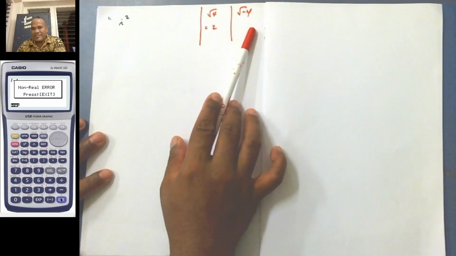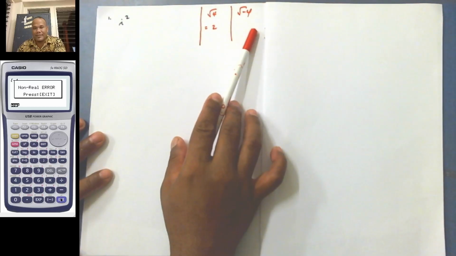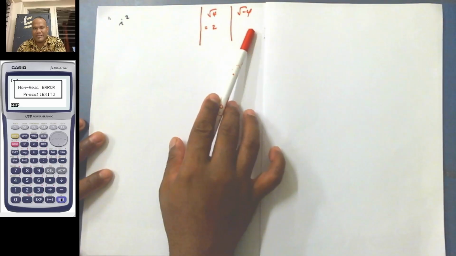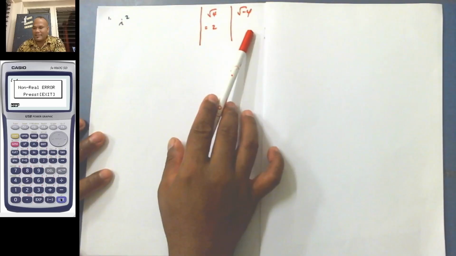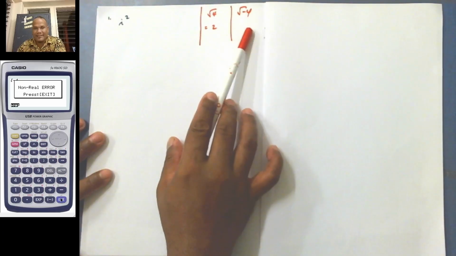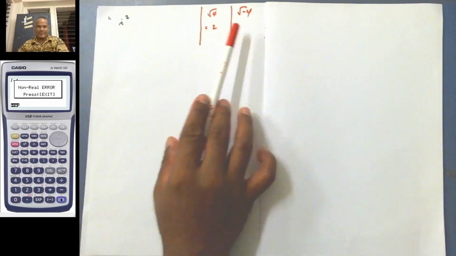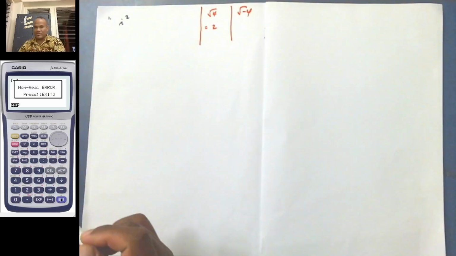So mathematicians said, okay, if it's stuck, then what is the way forward? They applied the laws of square root.